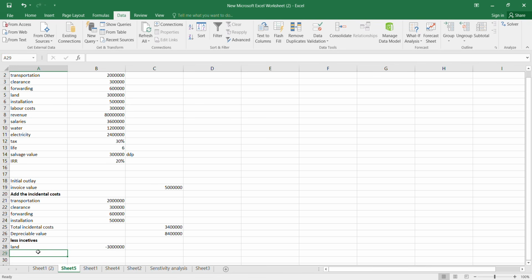And then we shall add the increase in working capital.